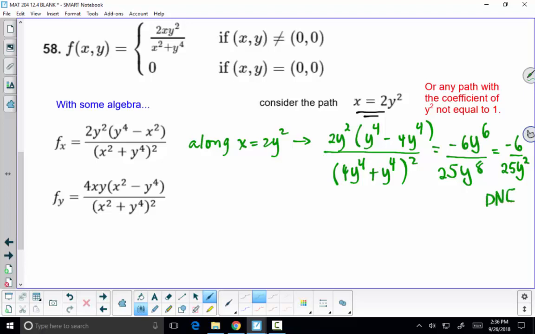As we're coming into the origin, y is going to 0, so that's blowing up, so that does not exist. So if we come in along this path, we get a limit that does not exist. That means it's not a continuous function, because the limit does not exist. The same is going to be true here. If we come in along this path, we're going to get a limit that does not exist at the origin.